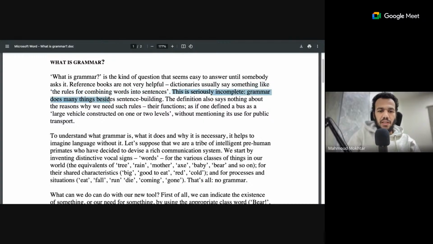Grammar does many things besides sentence building. The definition also says nothing about the reasons why we need such rules, their functions, as if one defined a bus as a large vehicle constructed on one or two levels without mentioning its use for public transport.